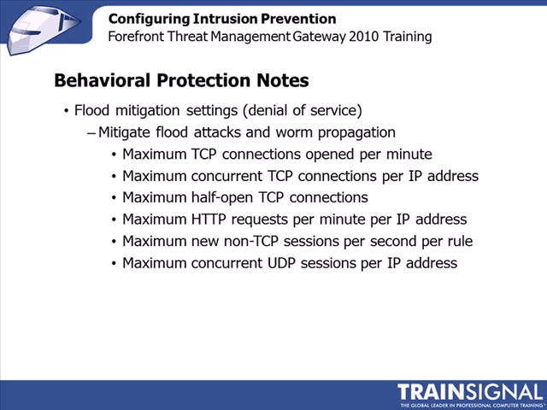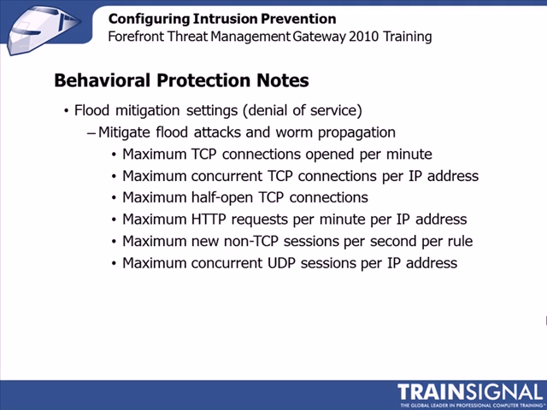And you can also specify maximum new non-TCP sessions per second per rule. Finally, the same thing goes for UDP. It's not just IP, TCP, and HTTP that are attack vectors. UDP can also be used. So you can set a maximum number of concurrent UDP sessions per IP address so that you don't overwhelm and potentially create an overflow situation that would leave your network vulnerable to further attack.